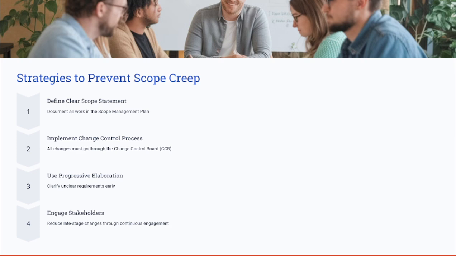Now let's see some of these strategies to avoid scope creep. Preventing scope creep requires proactive planning and strong governance. By having a clear scope definition and an effective change control process, project managers can ensure that all work remains within the approved boundaries.